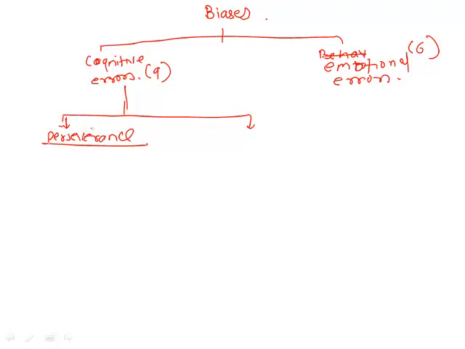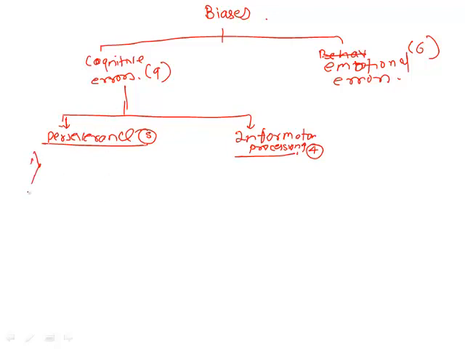For example, you identified a stock and said it's an excellent stock, and then even if new information kept coming and things kept changing, you still hung on to the earlier way of looking at things. The second one is how you processed information, so information processing errors. Out of these, we have 5 errors here and 4 biases here.